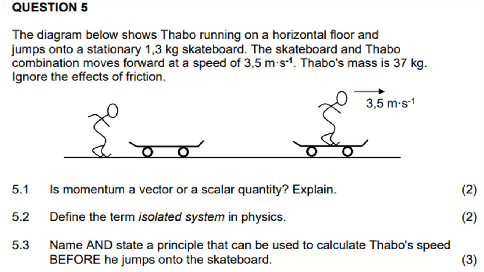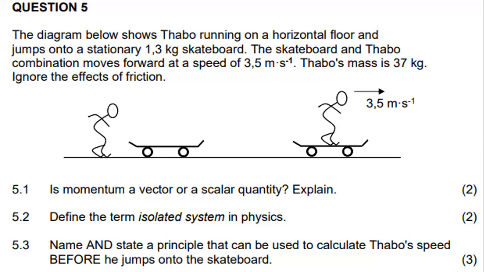You know that because it is a product of the mass of an object and its velocity. So it is a product of a scalar quantity and a vector quantity. And because we are multiplying the mass with the velocity, which is the scalar with a vector, then we get a vector.